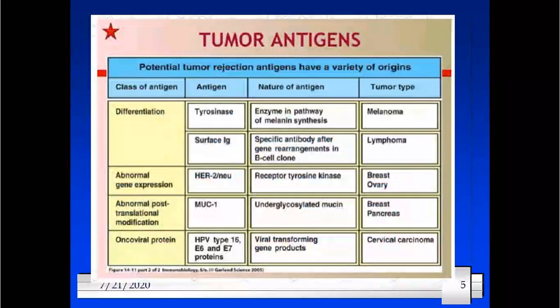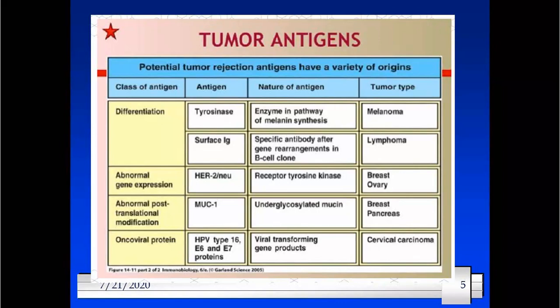The other figure, entitled tumor antigens, is explaining certain examples of the tumor antigens, and these antigens are classified according to their types. First, the differentiation type or class, an example of which is tyrosinase and surface immunoglobulin.